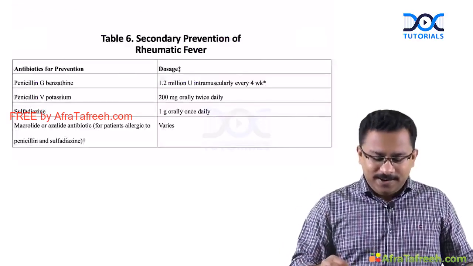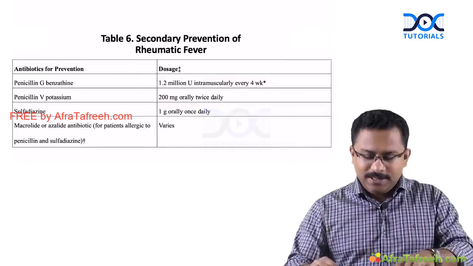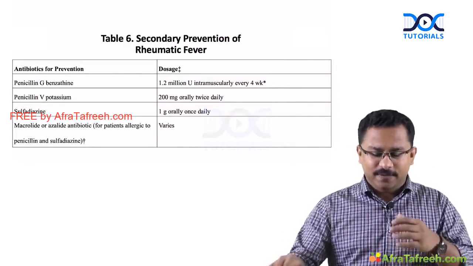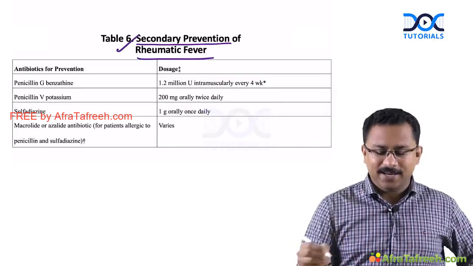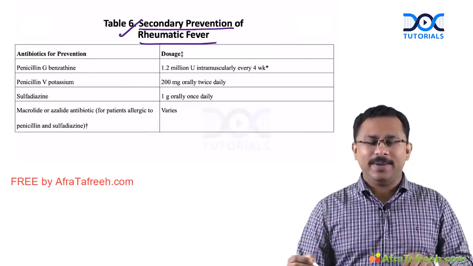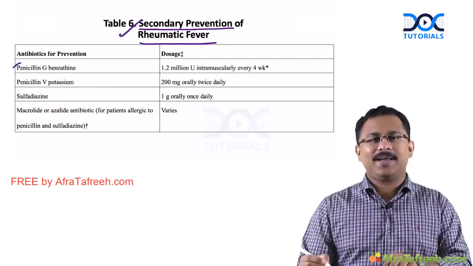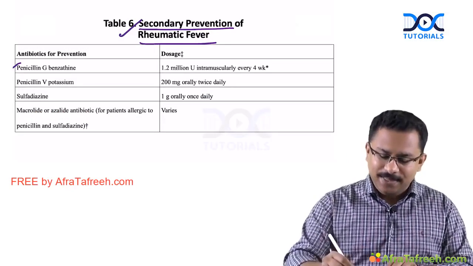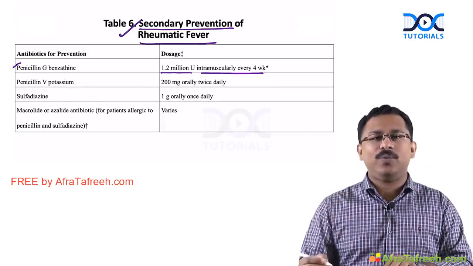All right. So first of all, in this medical management, let us see the secondary prevention of rheumatic fever. You're trying to prevent the recurrence of rheumatic fever. What are the agents recommended by the American Heart Association? You can go for benzathine penicillin G, 1.2 million units intramuscularly every 4 weeks.